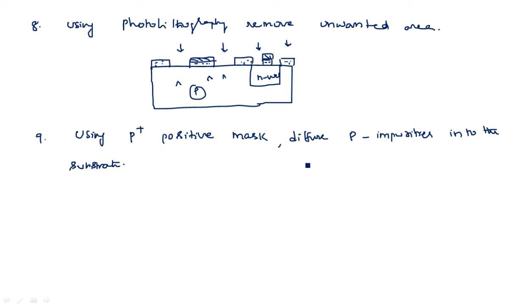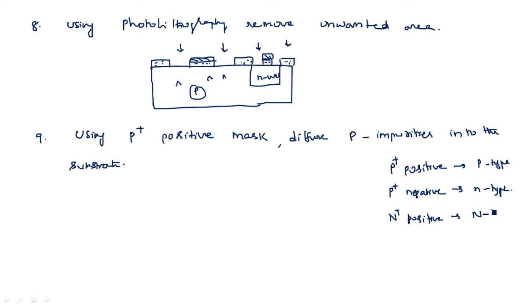The P plus positive mask is for P-type diffusion. The P plus negative mask is for N-type diffusion. The N plus positive mask is for N-type diffusion and the N plus negative mask is for P-type diffusion.